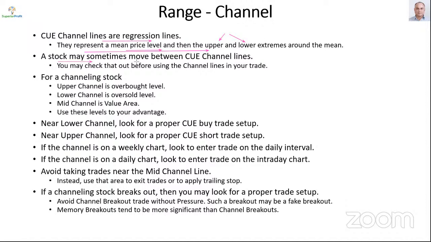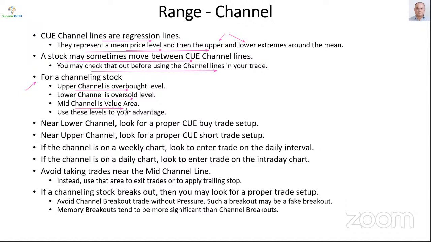A stock may sometimes move between Q channel lines, not always, but sometimes it may move between channel lines, and you may check that before using the channel lines in your trades. For a stock that is moving inside a channel, a channeling stock, the upper channel is an overbought level and the lower channel is an oversold level.